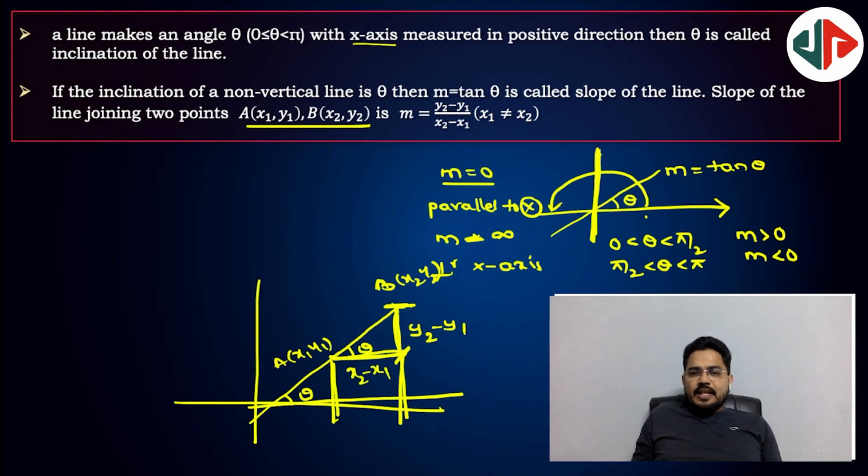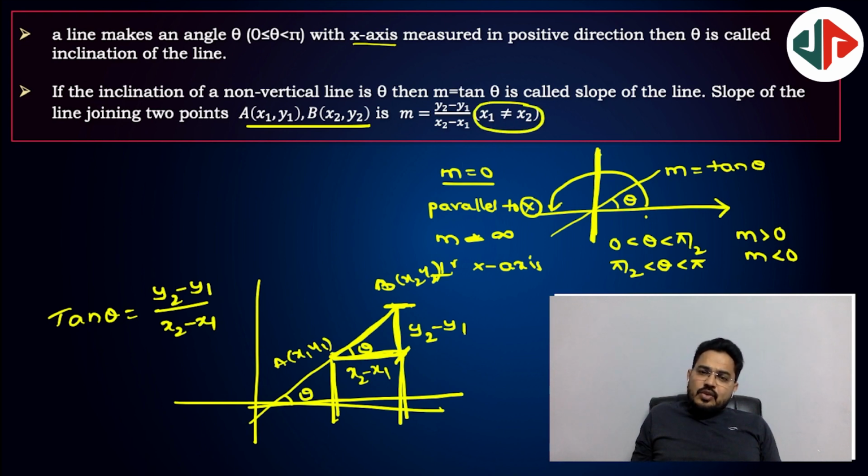As per the right angle triangle, tan theta is equal to y2 minus y1 by x2 minus x1. And clearly we are mentioning x1 is not equal to x2. If x1 is equal to x2, you will get a vertical line, where tan theta is not defined.